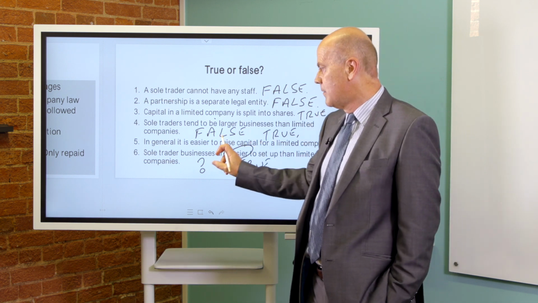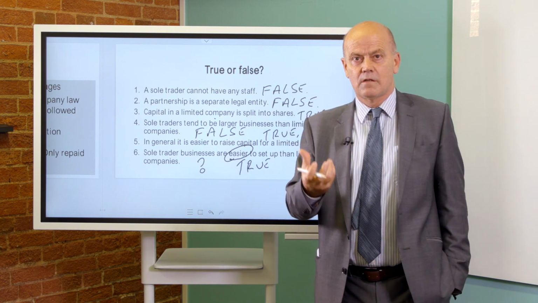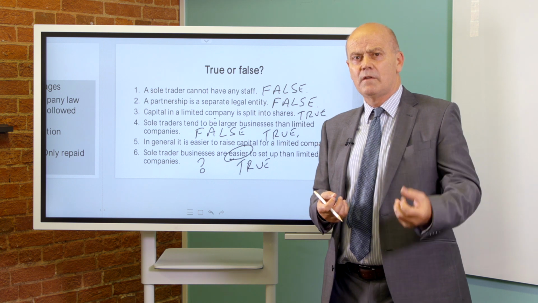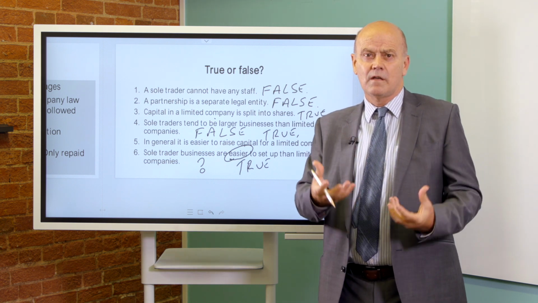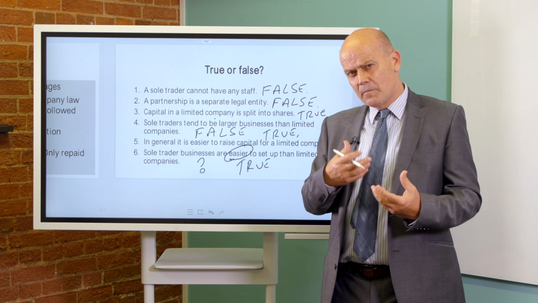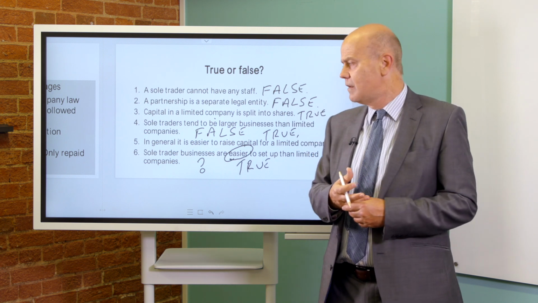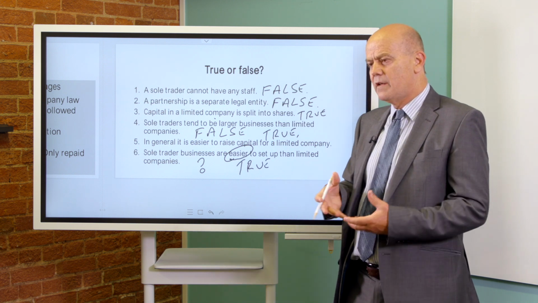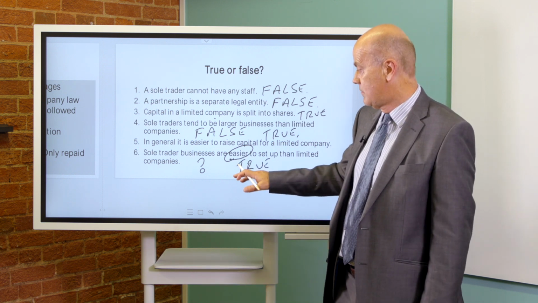With a limited company, we have to go through certain formalities, setting up the company, issuing the shares, organising a general meeting. Can be a lot of work at the end of the day. So sole trader businesses are generally quite easy to set up. So that is true as well.